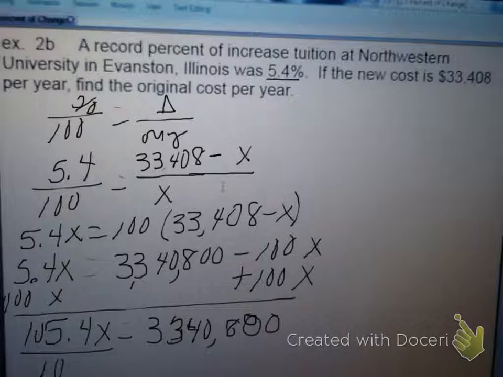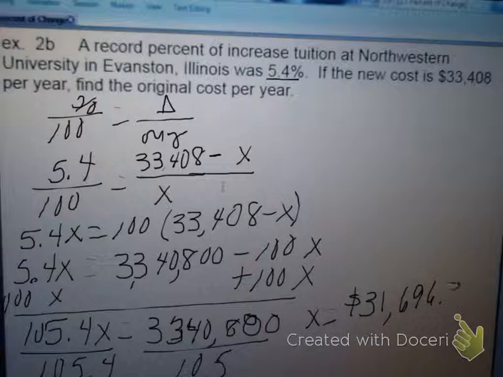Okay, divide by 105.4. And when you do that, you will get, in the calculator, this is money, so we round to the nearest penny. So it is $31,696.39. That was the original tuition.